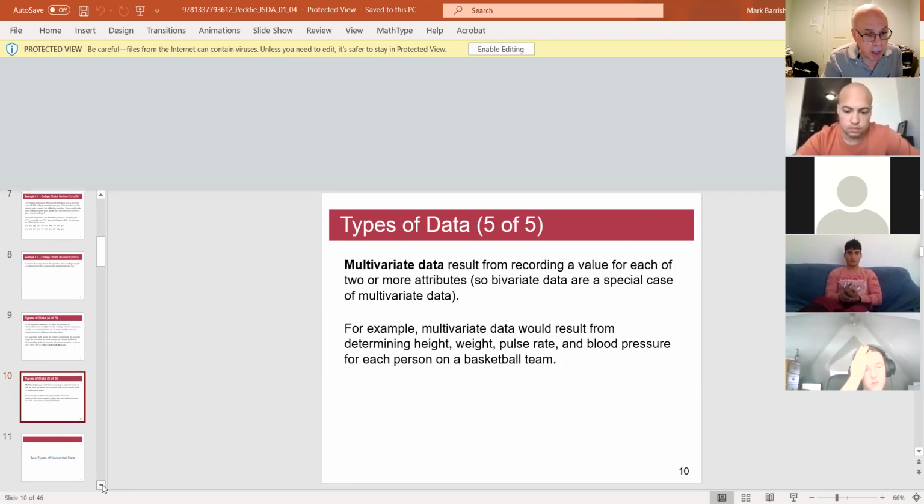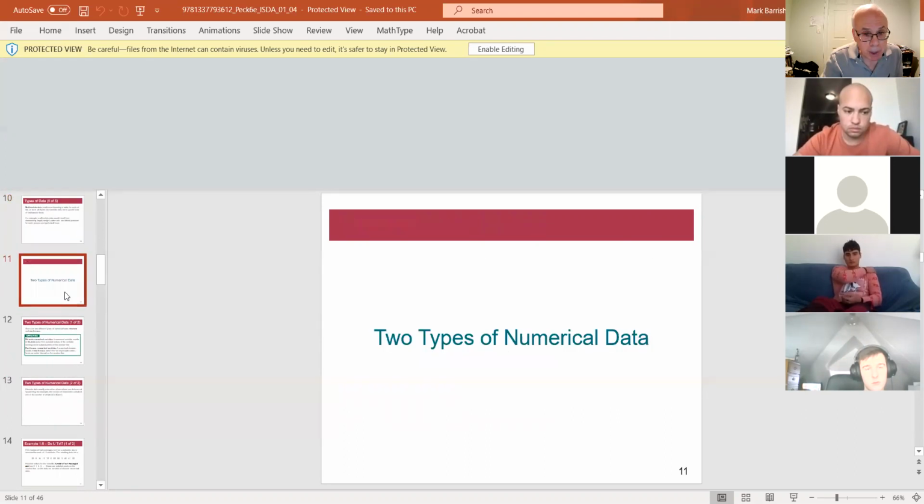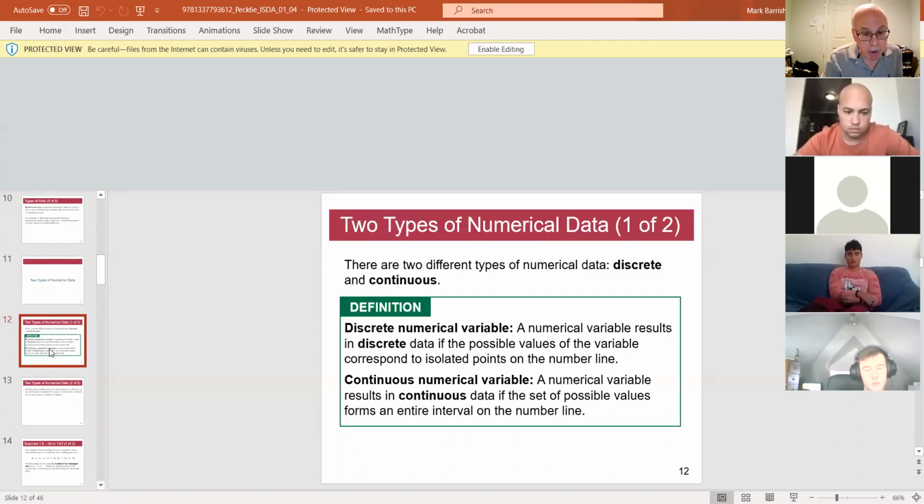These are all in PowerPoints in section 1.4. Two types of numerical: discrete versus continuous. Discrete numerical variables are ones where there's a limited number of values, and they could be actually plotted on a number line.